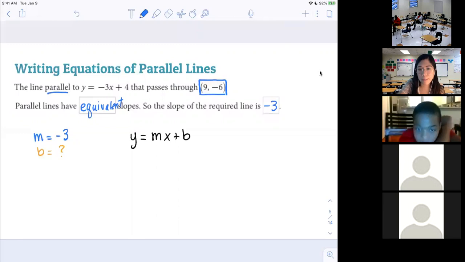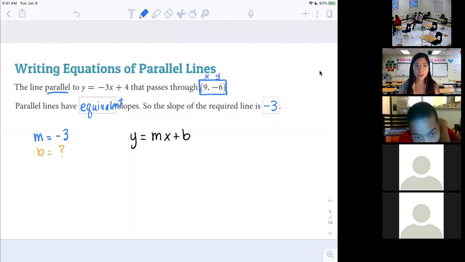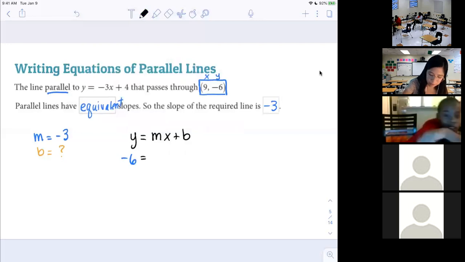Where did you get that from? The coordinate point. Exactly. Our coordinate point has an x value and a y value. So we're going to plug that point in along with our slope to find the value of b. So y would be -6. What would m be? M is -3, good, because we already know that from the problem.